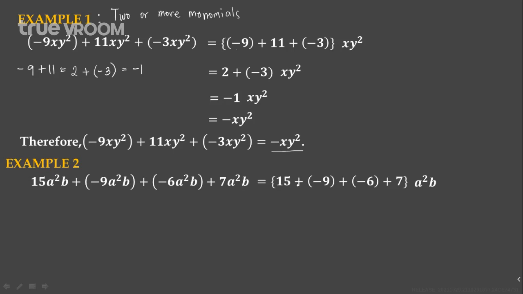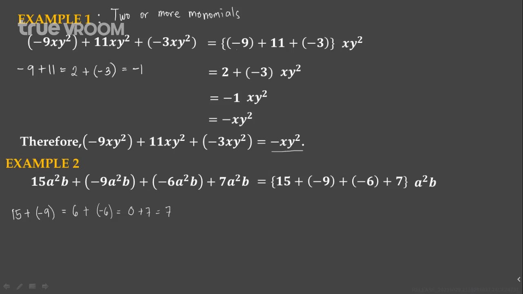What is 15 plus negative 9? Is it 7? No, it is 6. Okay, 6. Next, 6 plus negative 6 is 0. 0 plus 7 is equal to 7.